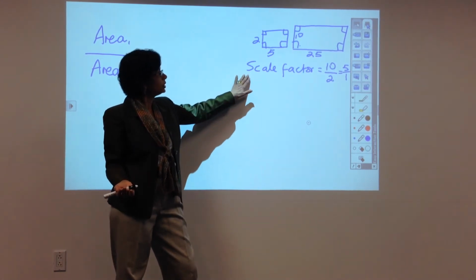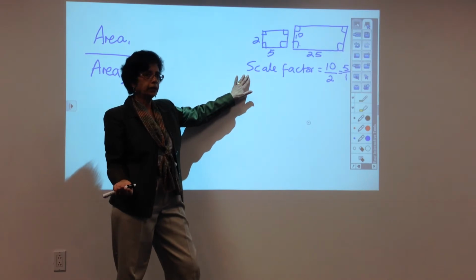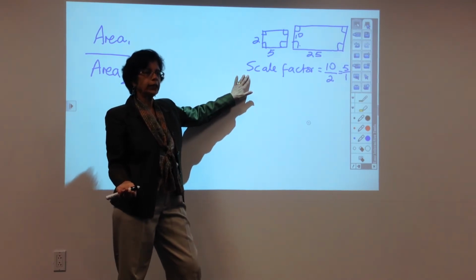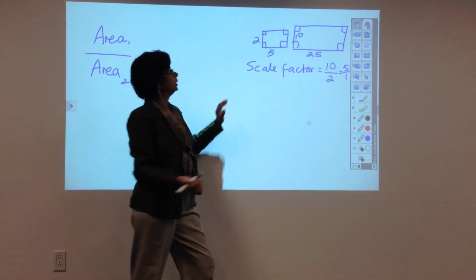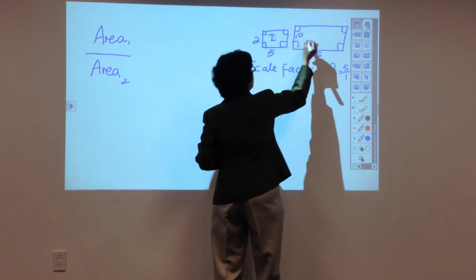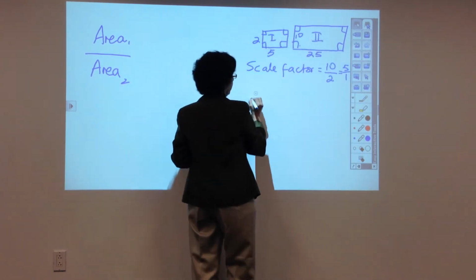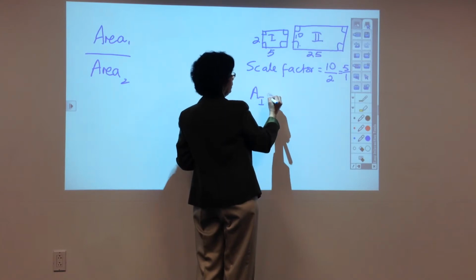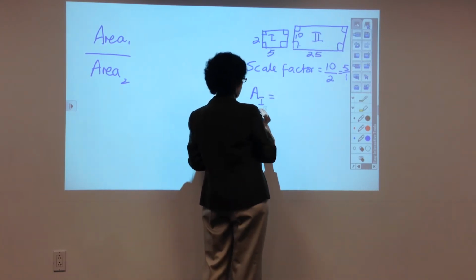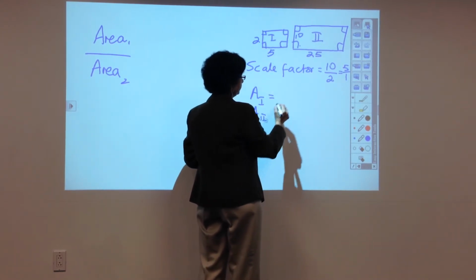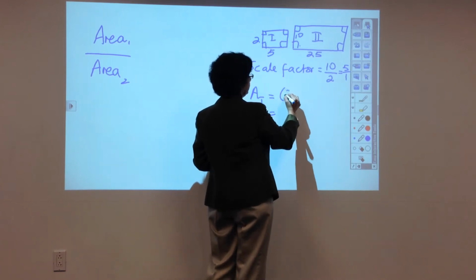So we've got 2 similar rectangles. Find their area quickly. Go ahead and find the area. So we'll call this 1 and call this 2. Area of 1 equals, and I'll do it over here. You can do it very quickly on your calculators.